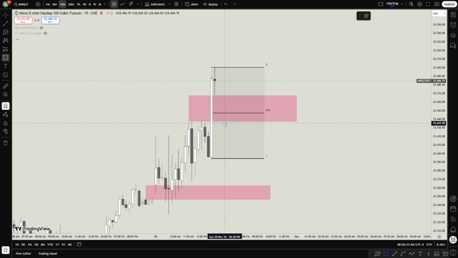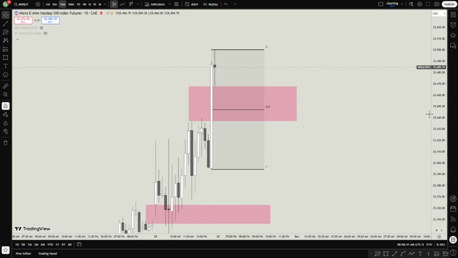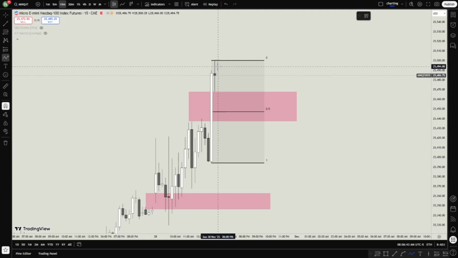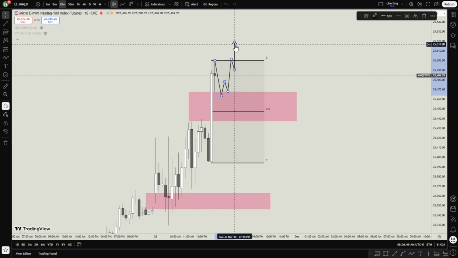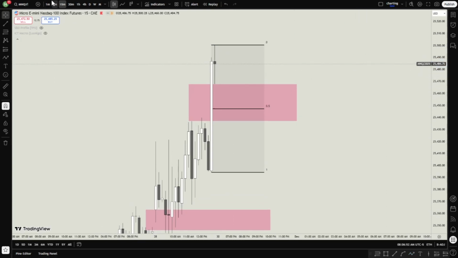This is just an idea, so we can test this equilibrium price level. In the best case scenario, I expect the market to get down, test this fair value gap, and then maybe go like this. But we do not know it, right? We'll see.